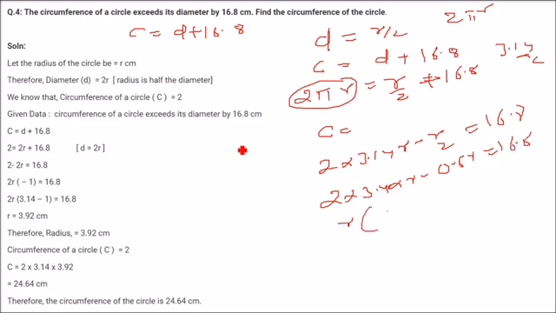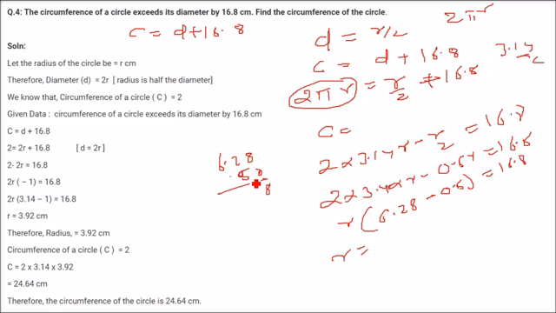So this r is 3.14 into 2 is 6.28 minus this is 0.5. Right? 2 into 3.14 is 6.28. I'm taking r outside, and this is 0.5. So 6.28 minus 0.5 equal to 16.8. So r is going to be 16.8 divided by 6.28 minus 0.5.